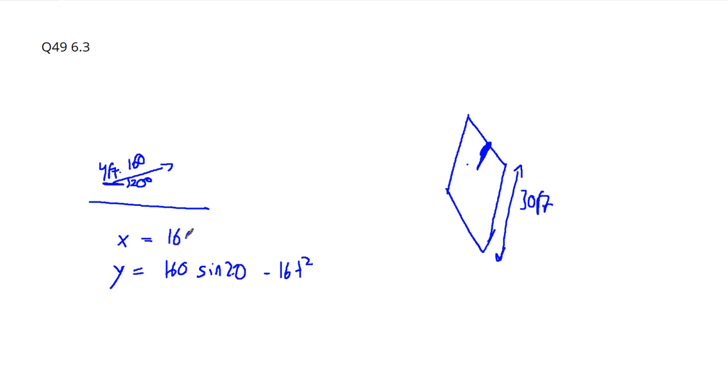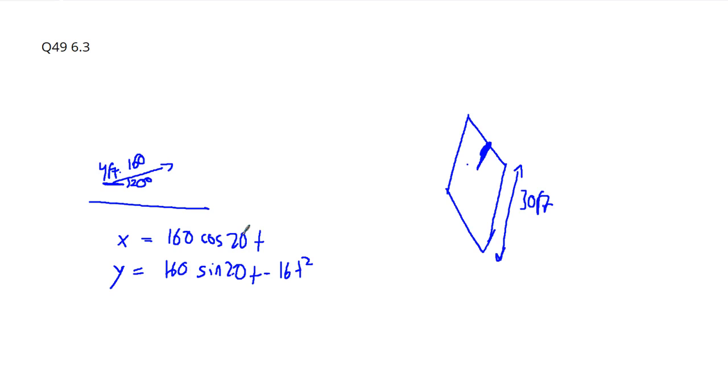And our x will be 160 cosine 20 t, but it's not really influenced by any of our variables, assuming that there's no wind.